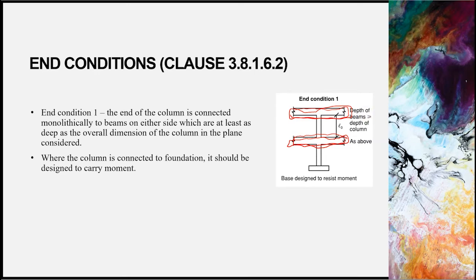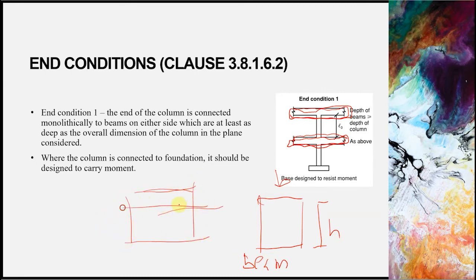So depth of beam is bigger than depth of column. Apa maksud dia? Beam you punya depth, we have B, so this is beam, and depth of column. So column you ada arah X dan ada arah Y.